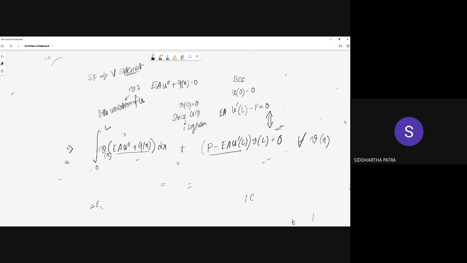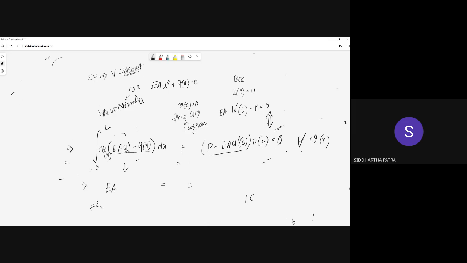Now here, for the first term, we would do an integration by parts. So what do we have? What we want to do here is get rid of the differentiation from u and put it on v.